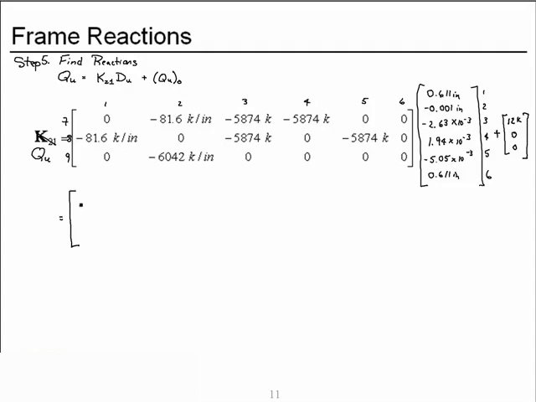We have this term times this deformation, minus the 5874 kips times this deformation, minus 5874 kips times this deformation.